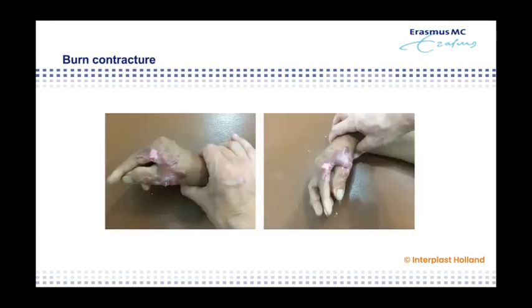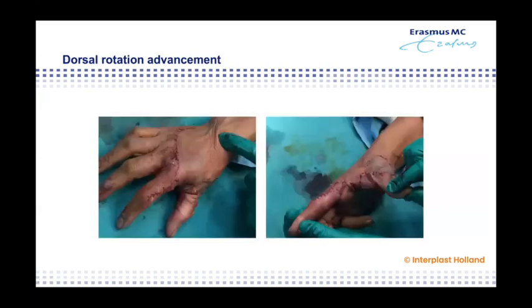And this is in a burn contracture. I did the same. So this is the tenodesis effect. You can see there's no difference between extension of the wrist or flexion of the wrist. So the index finger and the thumb actually remain at a similar position. And this is after the operation, where this is the large rotation advancement flap, and it's completely put in the first web.